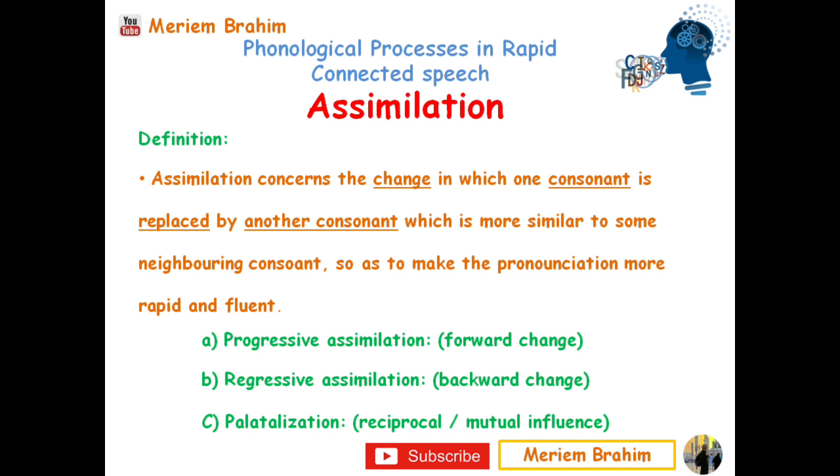A, progressive assimilation, because we have a forward change. B, regressive assimilation, or when we have a backward change between the two consonants. And finally, the last type, which is palatalization, or reciprocal or mutual influence between the two consonants, and we are going to explain each one separately.